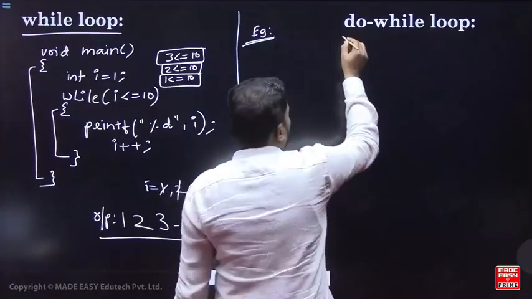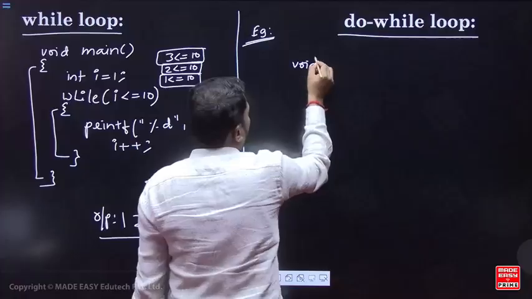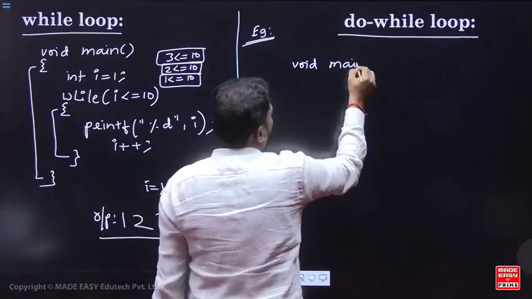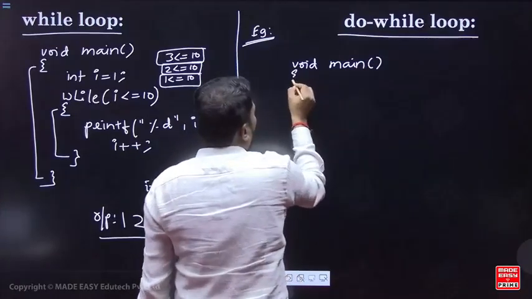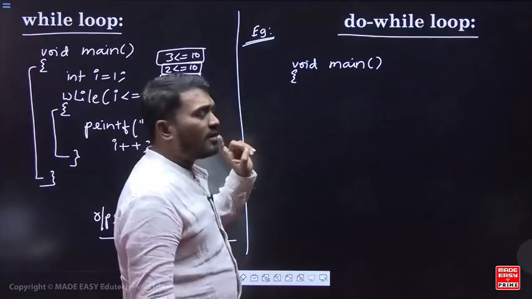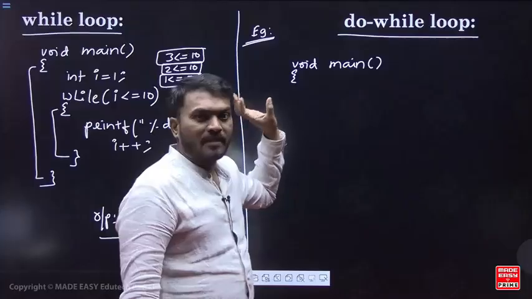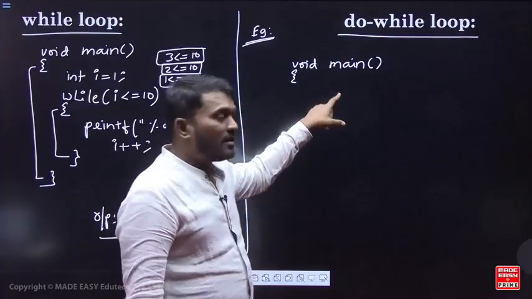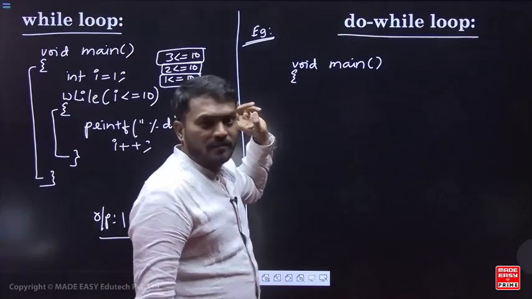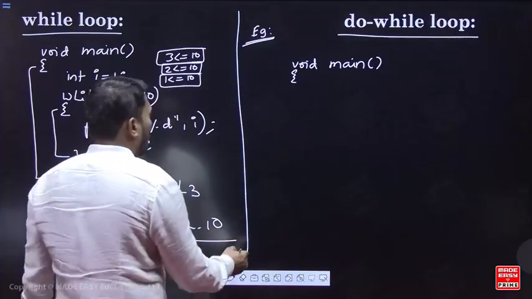So understand here. In the do while, if you observe, you need to write void main. Now listen here, I am giving an important point. In the C language, listen carefully, main function always returns integer. Main function always returns integer, so writing void is compulsory.